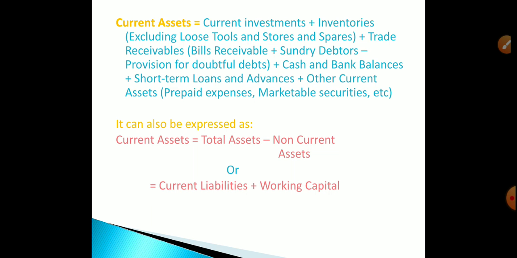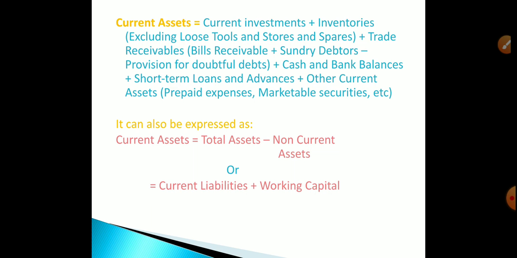Now the reason is that the provision for doubtful debt is an amount which is doubtful of recovery. And generally in the current ratio we are determining the company's ability at that moment to meet its short-term financial obligation.